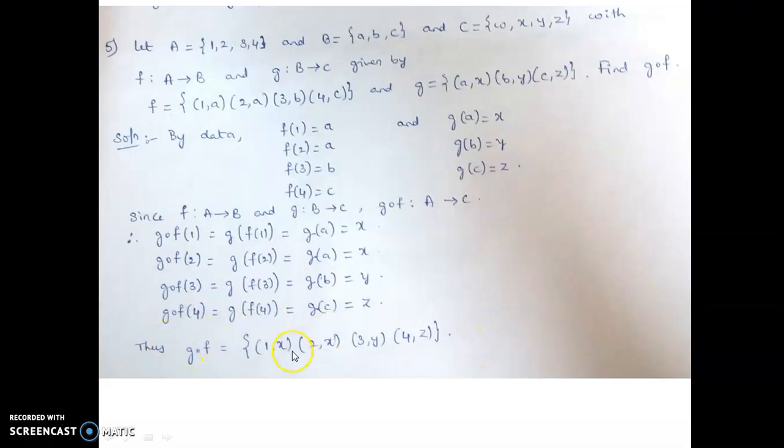So this is our g of f: 1→x, 2→x, 3→y, 4→z.